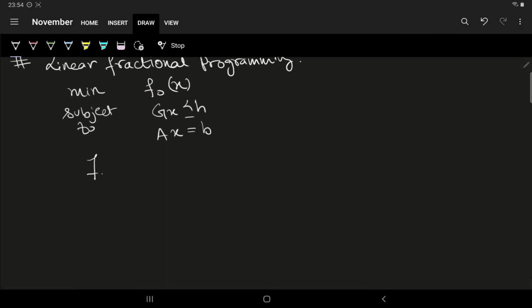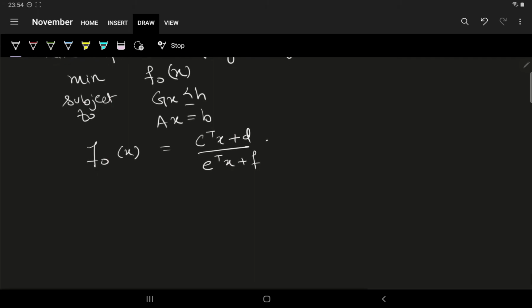However, the objective function here is a ratio of affine functions, and the domain of f naught is x such that e transpose x plus f is greater than 0.